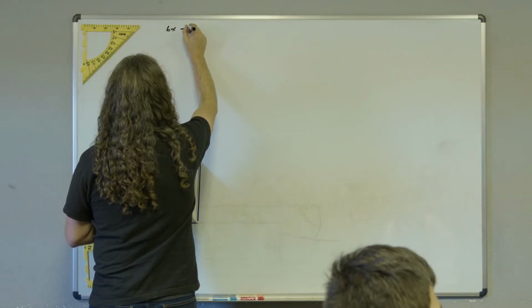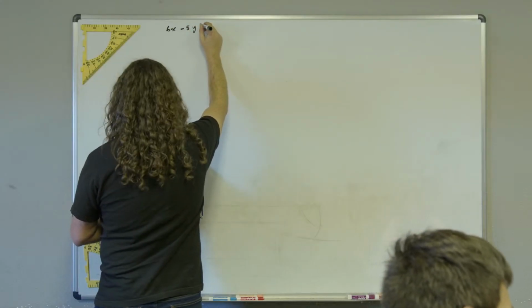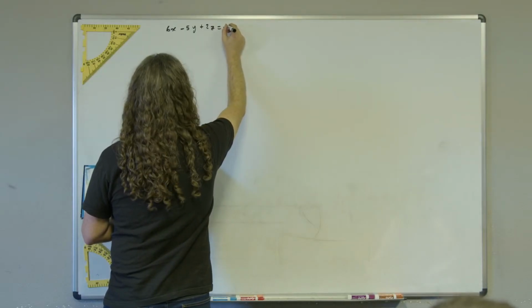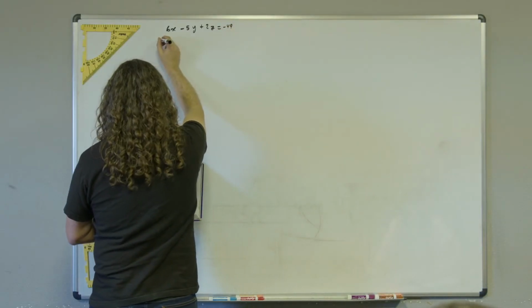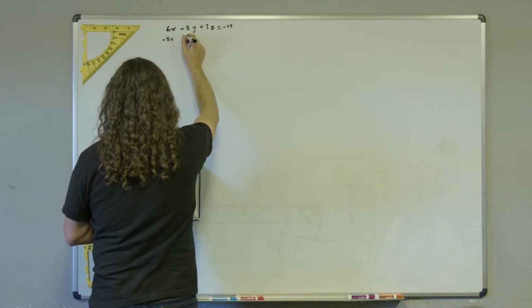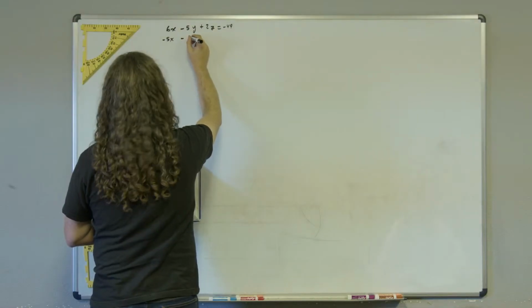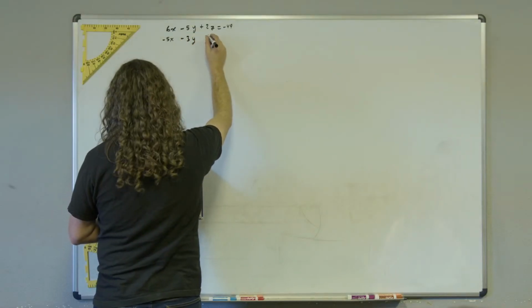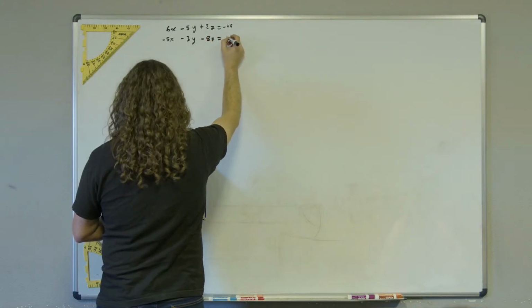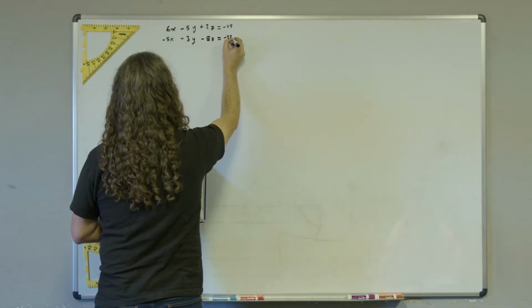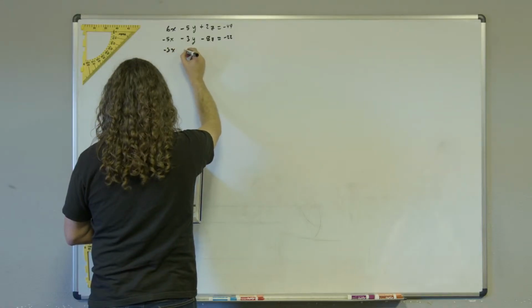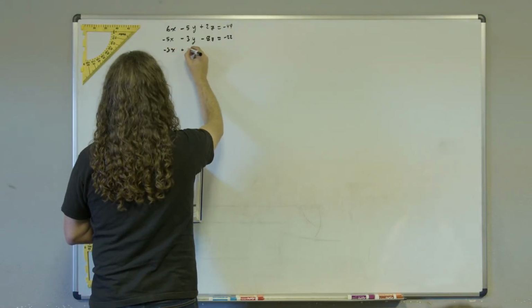6x minus 5y plus 2z equals negative 49 and negative 5x minus 3y minus 8z equals negative 22 and negative 3x plus 8y minus 5z equals 55.